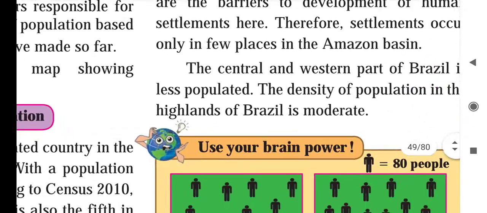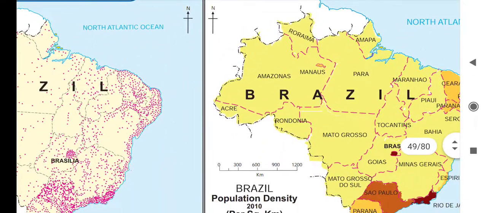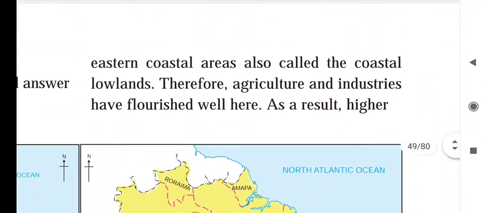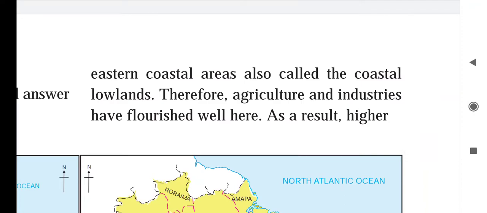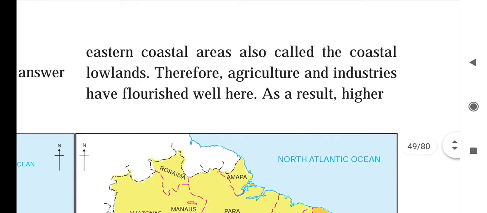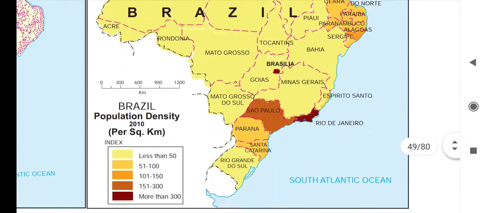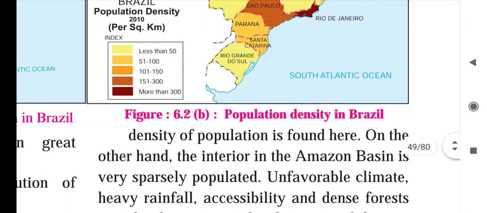Here in the map, we have seen more dots given to the coastal areas. That's why it is said that in the eastern coastal lowland, we find more population. Therefore agriculture and industries have flourished well here. As a result a higher density of population is found here.